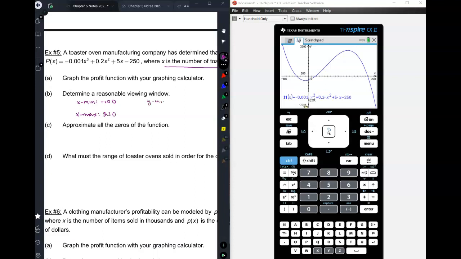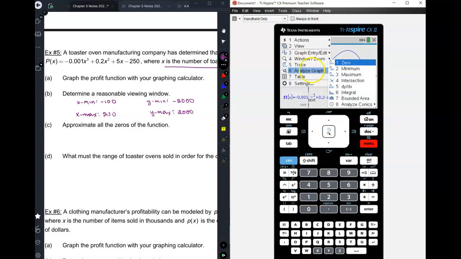Y min, negative 2,000, Y max, 2,000. Okay, next, approximate all the zeros of the function. Again, I understand some of these are in the negatives and they don't really apply for our toaster oven problem, but nonetheless, mathematically, there are zeros of the function.